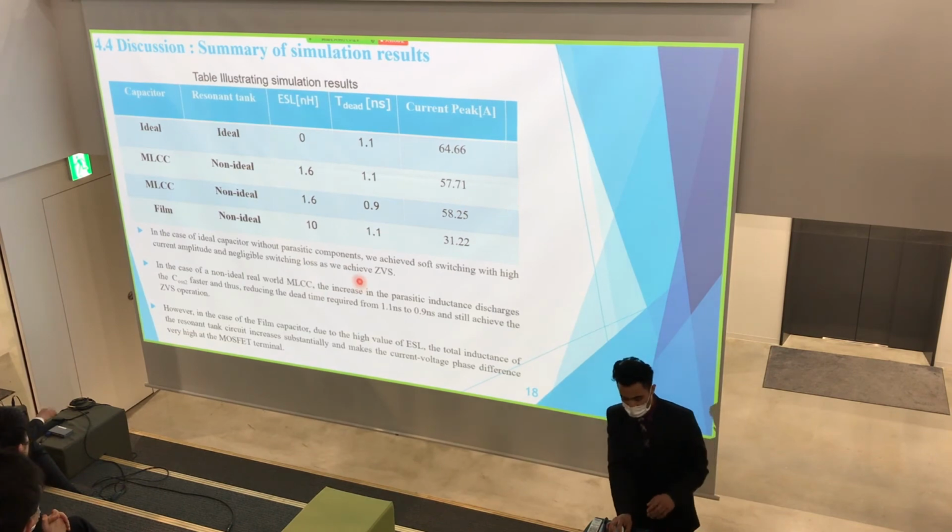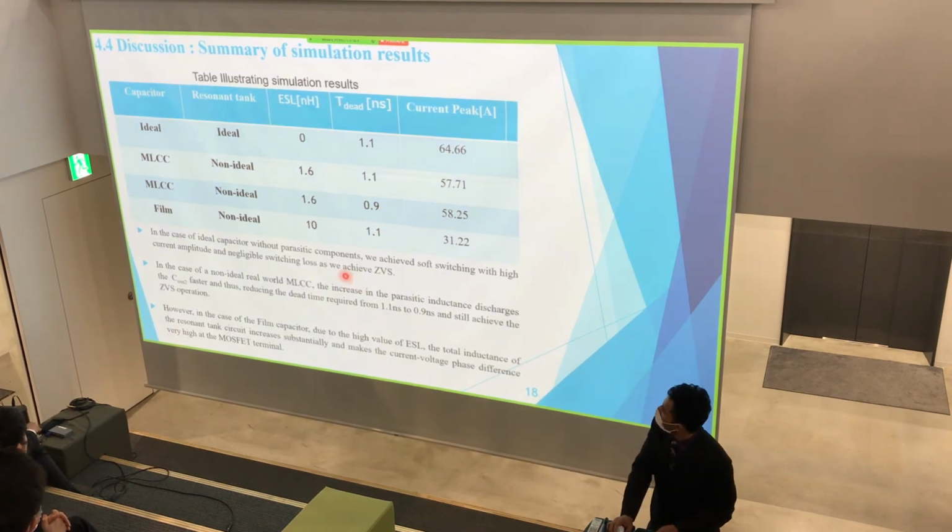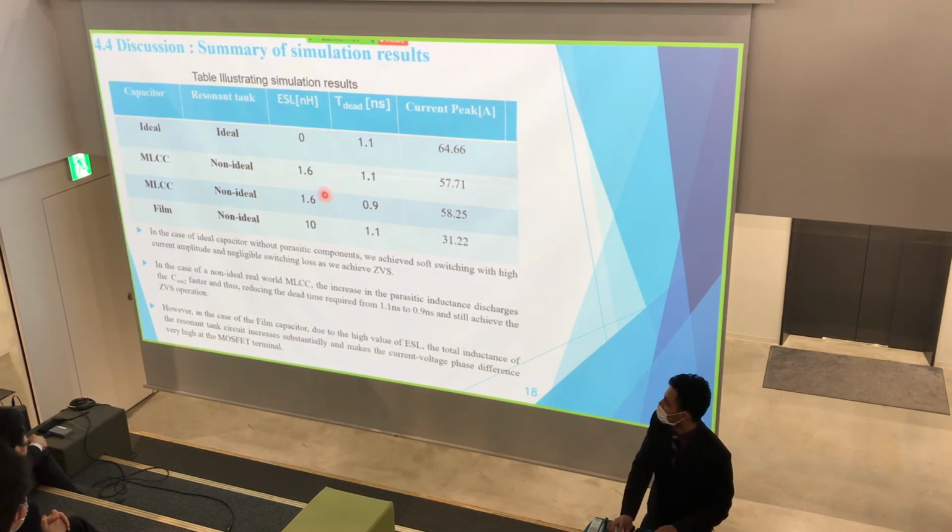So in discussion, I will just summarize the results a little bit. For the ideal, we get the ESL 0, we get the current value. You will see the current value decreases because of the ESL value here. The impedance increases.